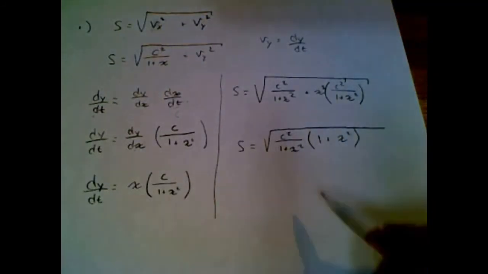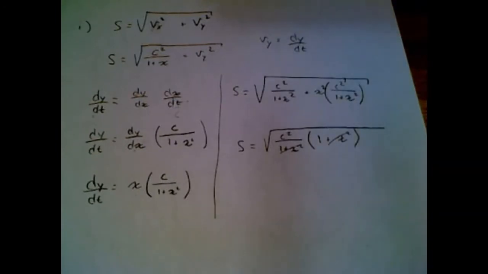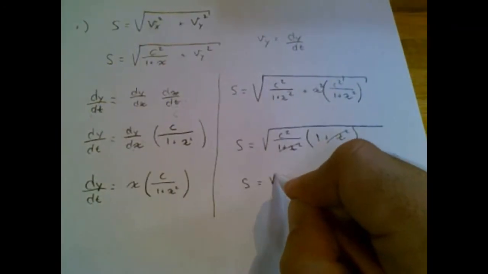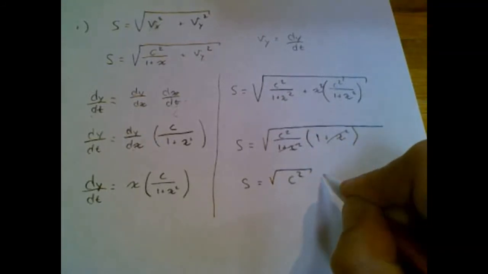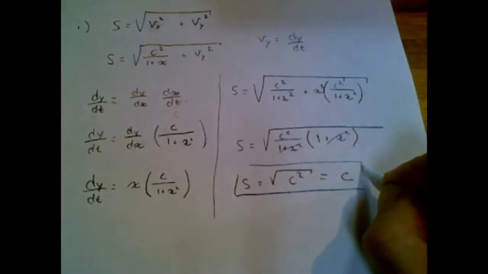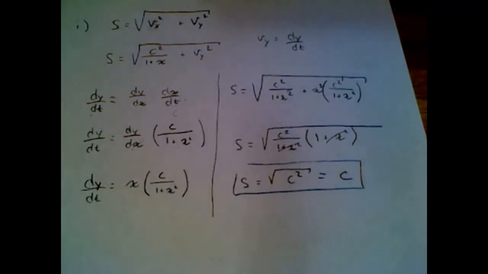There we go. That will cancel with that. And I'm left with the speed is equal to the square root of c squared, which is just c. So it was a little bit complicated, but it wasn't absolutely terrible. Just a little bit of understanding of our chain rule.